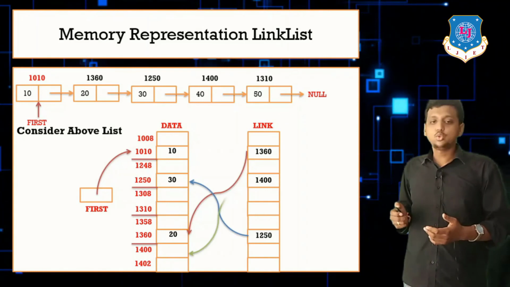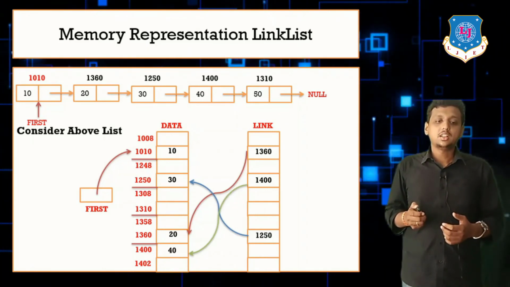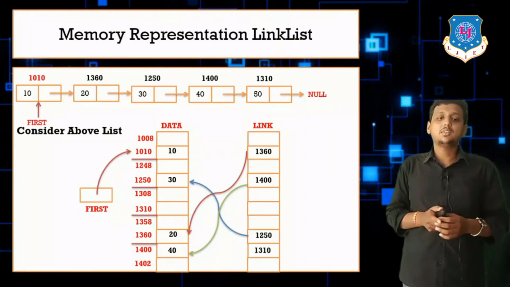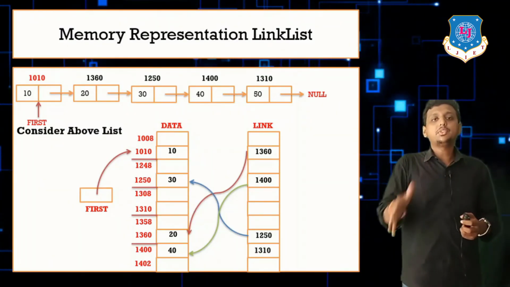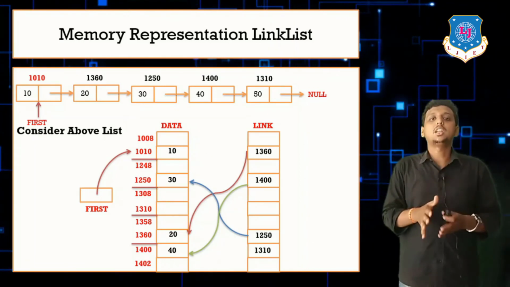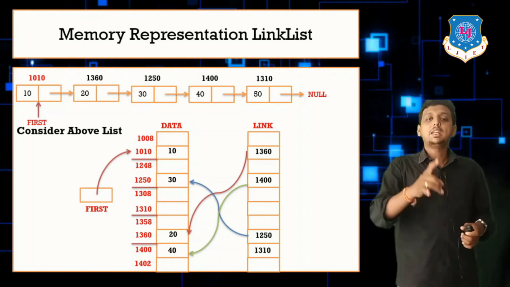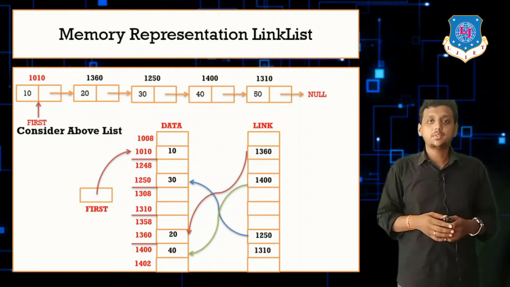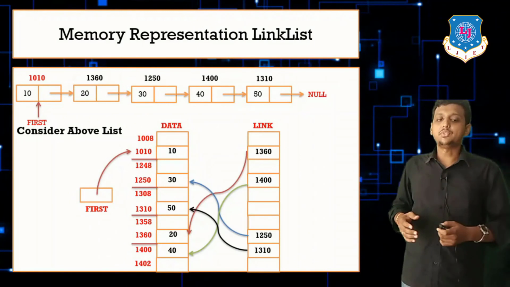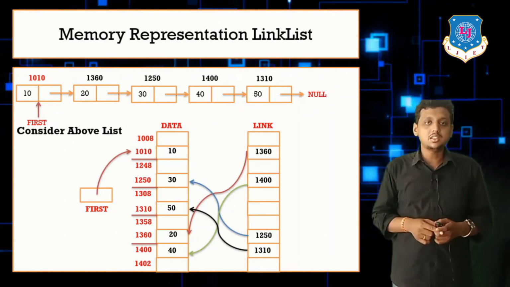Let me insert 40 first and then move towards the 50. The location of the 50 is 1310. So in the link column I need to write down 1310. Now tell me, is there any node left after 50? Is there anything next after 50? No. So this is my 50 which is at 1310.